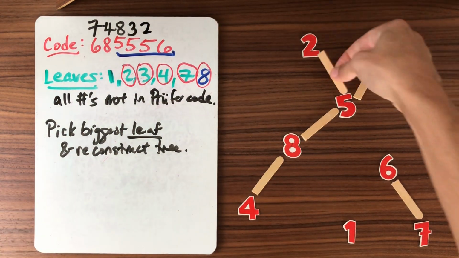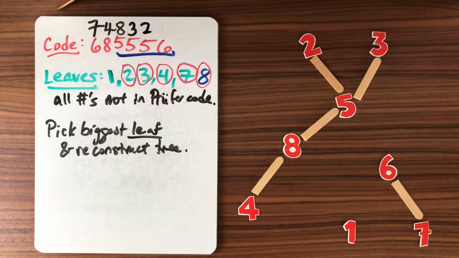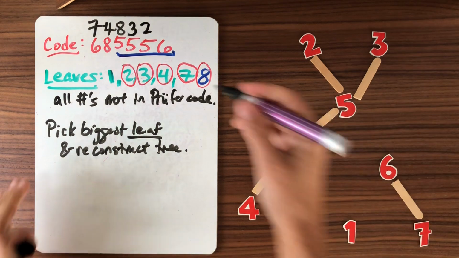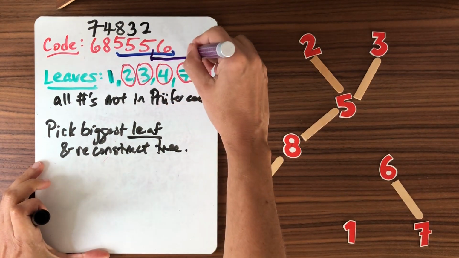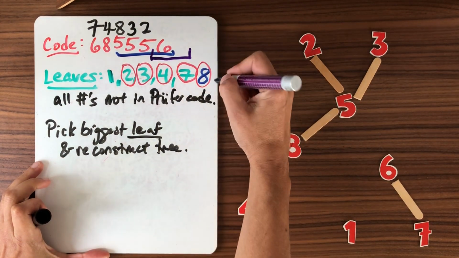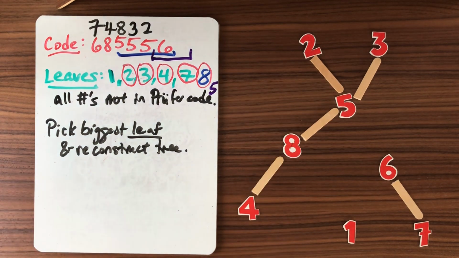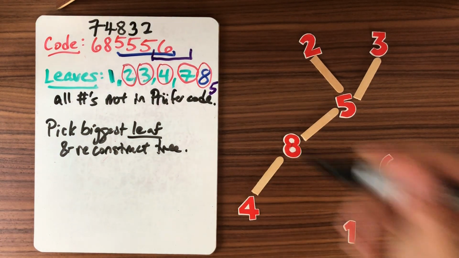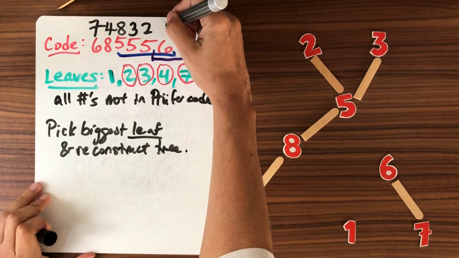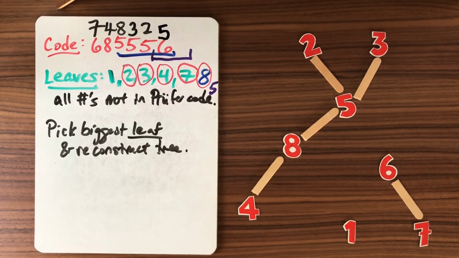So let's put in an edge. But now, if I look at my suffix, now I'm here with constructing it. I have only the 6, so the 5 has now become a candidate for a leaf. So the 5 is my new leaf. The 5 is the biggest number I don't see, so the 5 is going to go up here. The 5 is going to be connected to the 6.